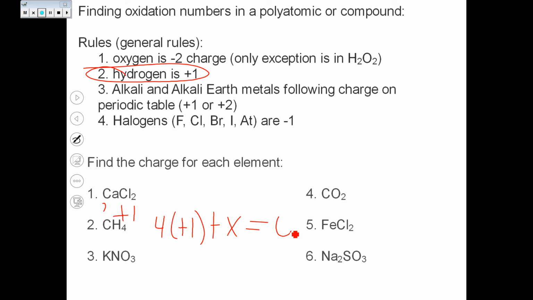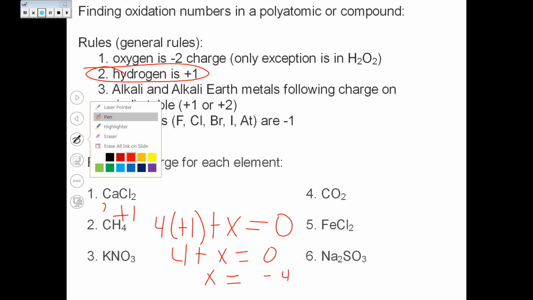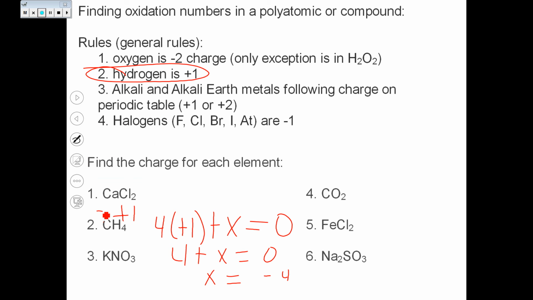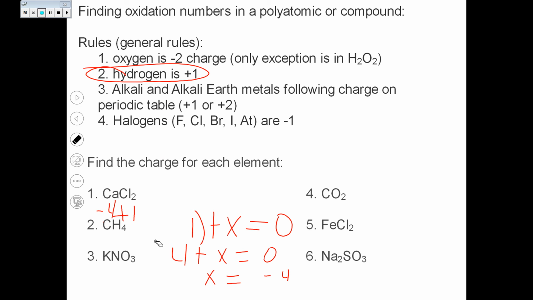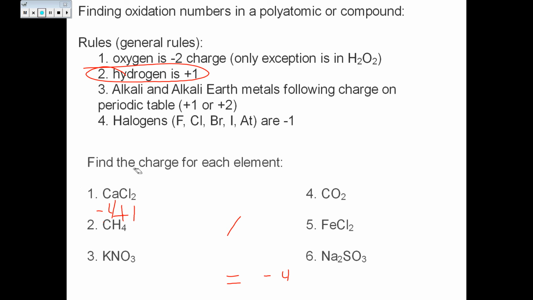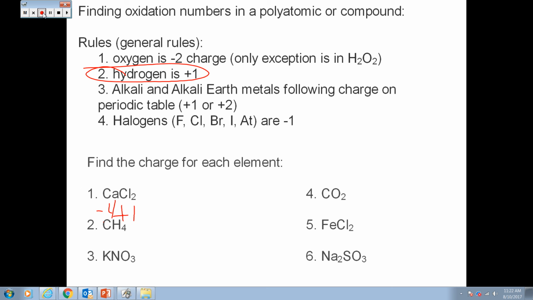That has to add up to 0. So 4 positive hydrogens, their charges, plus X equals 0. So X equals -4. It means that carbon's oxidation number is going to be -4 in this case. So you have to do that little bit of algebra trick in order to calculate what the nonmetal's oxidation number is.